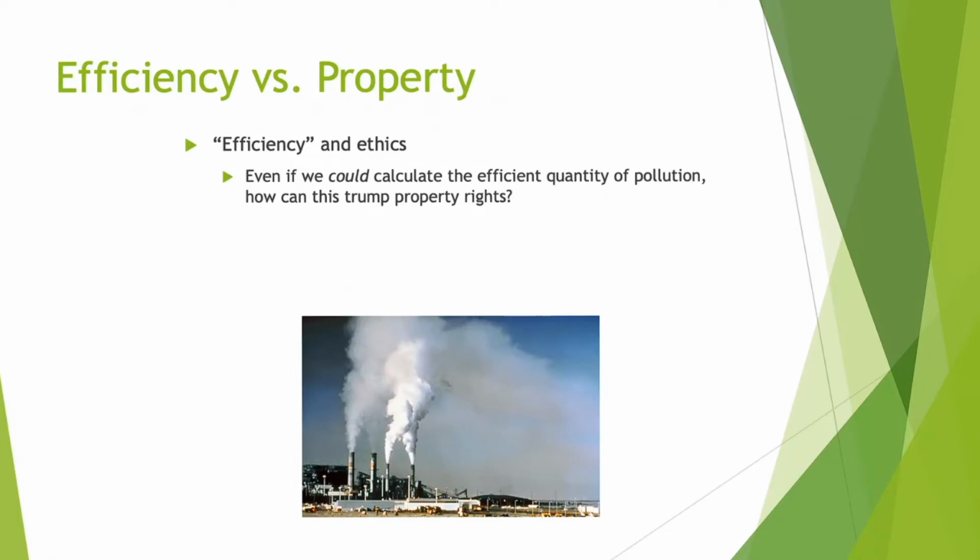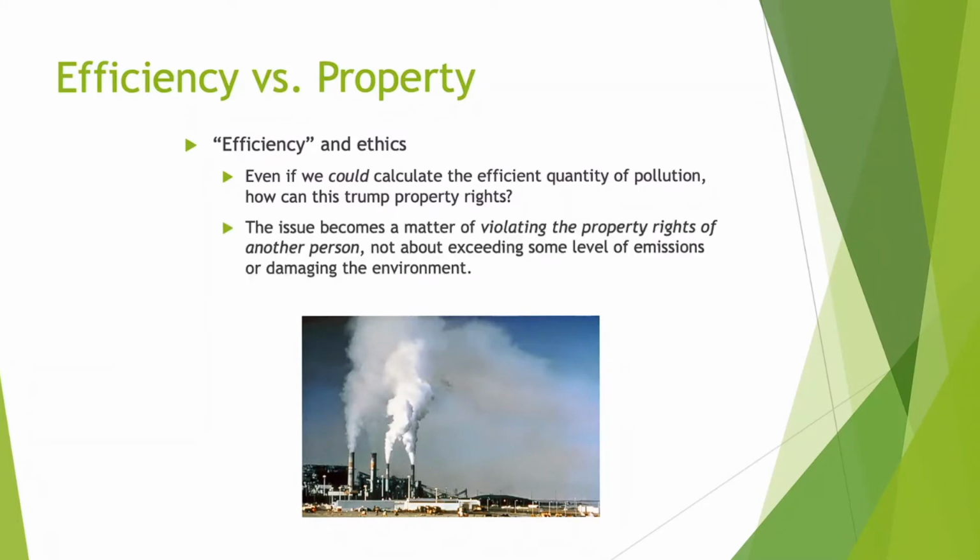Rothbard in the Law, Property Rights, and Air Pollution paper spent some time discussing the ethical considerations, which I think are really critical here, because even if we could calculate what's the ideal level of pollution, which, again, we can't, but even if we could, how would that trump property rights?